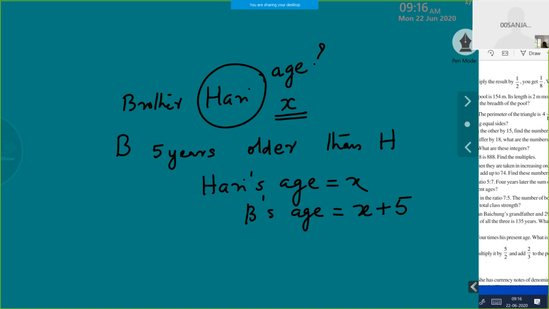For example, if I say the sum of their ages is 25, take small numbers, then we can write the sum of their ages as x plus x plus 5 equals 25.